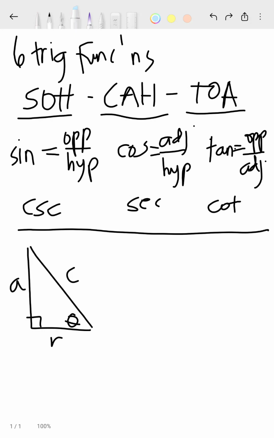Sino ang katabi ni theta? Ang katabi ni theta, sir, dalawa po yung nakikita kong katabi ni theta. R and C. Pero si C kasi may pangalan na. Anong pangalan ni C? Hypotenuse. Kasi siya nga yung longest side. Very good. So therefore, the adjacent side is the R.